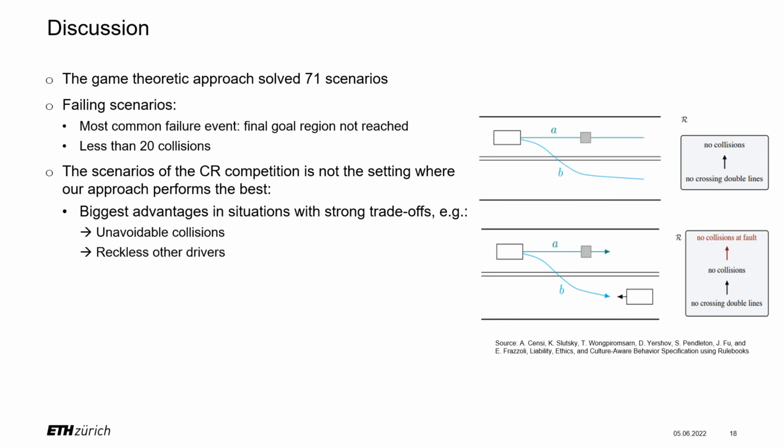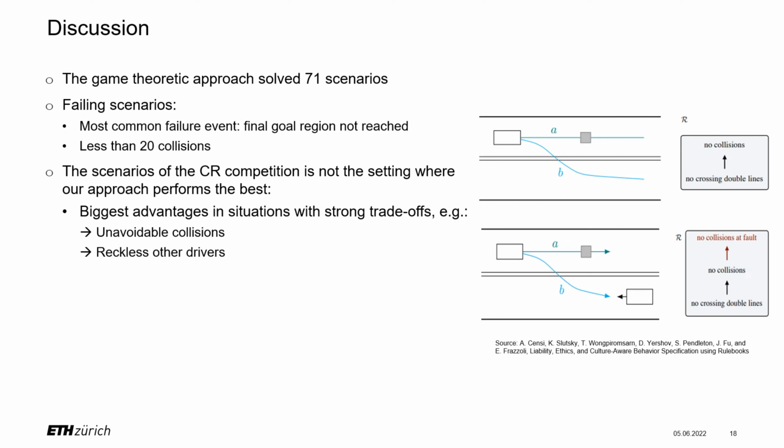One thing to say is that the scenarios of this competition are not the setting where this approach performs the best, because this approach was especially designed for situations in which there are strong trade-offs, such as unavoidable collisions or reckless other drivers. For example, from a related paper on the right, we can see an example where on the top we have a preference structure where the most important thing is to not collide.